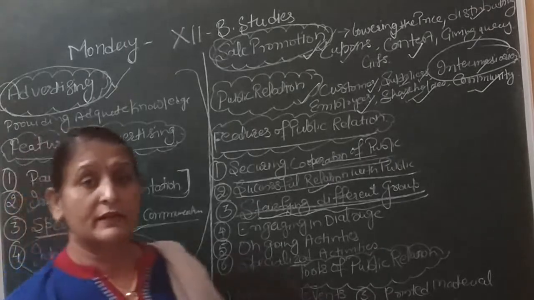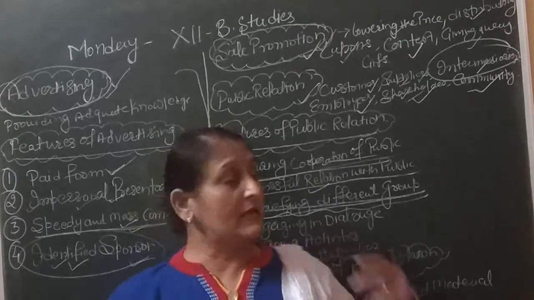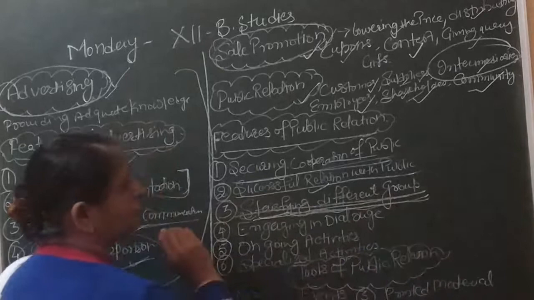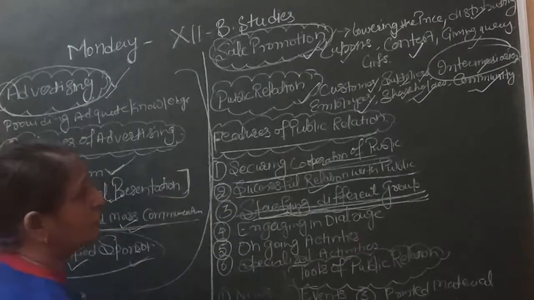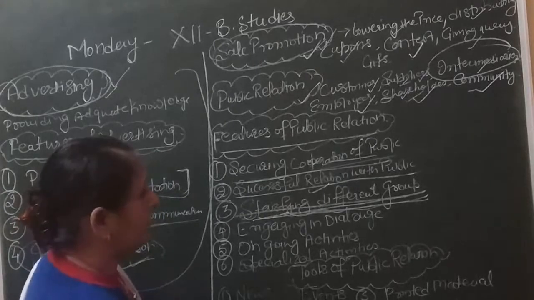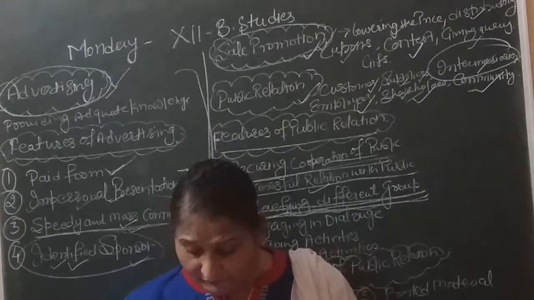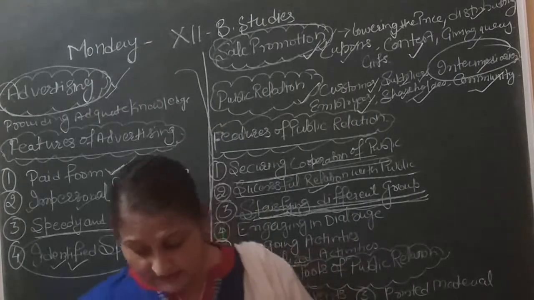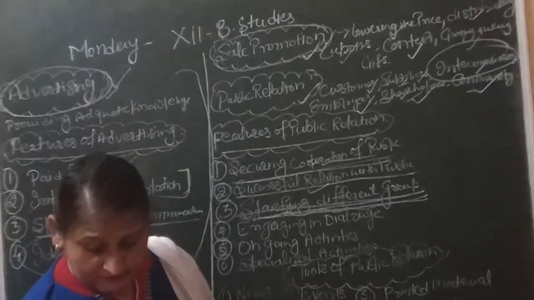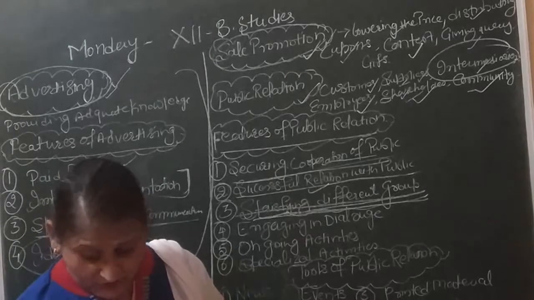Then if different meetings are arranged, if direct conversation, dialogues are arranged, direct communication is made with the different groups of persons, with the supplier, with the customer, with the employee, with the shareholder, right? Then we can understand the point of view of different groups of persons. Then we can satisfy the need of suppliers. We can satisfy the customers, suppliers, shareholders.